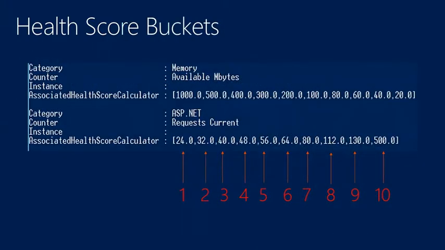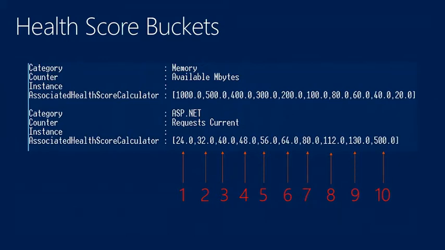Now, the health score buckets work like this. You can see we've got a category, in this case ASP.NET. We've got a counter, which is a request current counter. And you can see I'm getting a score of 1 if I have 24 or less, a score of 2 if I've got 24.1 to 32, and so on all the way up to 10. 10 being bad, 1 being good, effectively, or 0 being good, sorry.